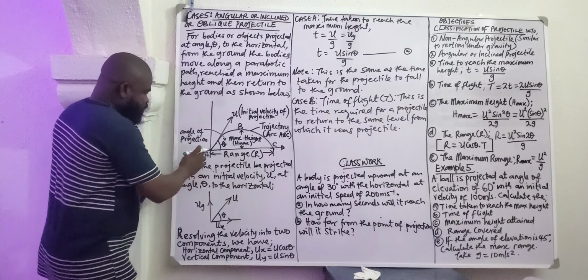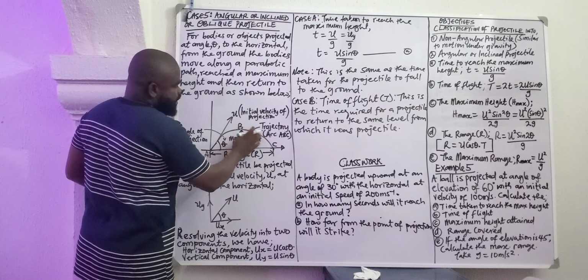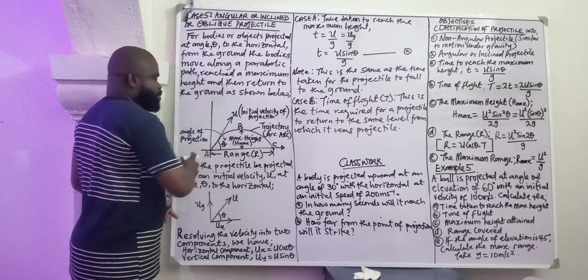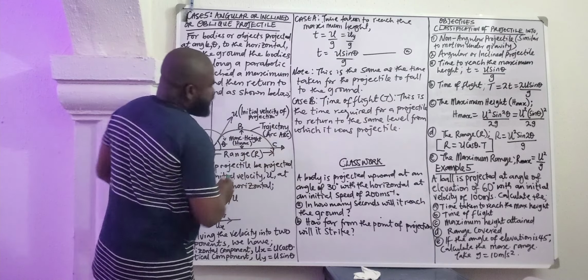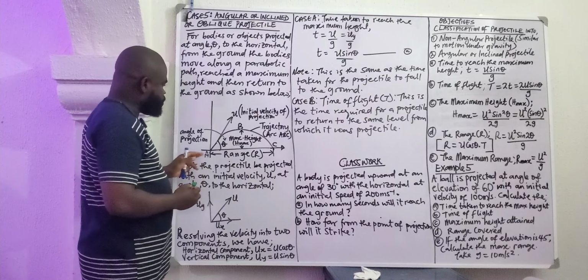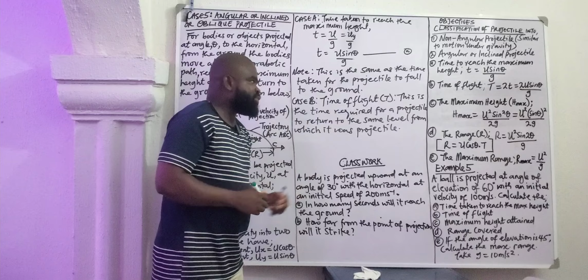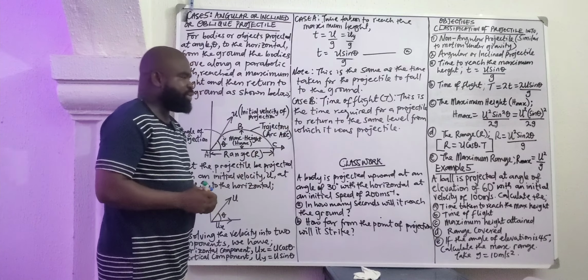So the time taken for this projectile to reach the maximum height and come to the point of projection, the original projection plane, that total time is called the time of flight. So if they ask you to define time of flight, this is the definition.